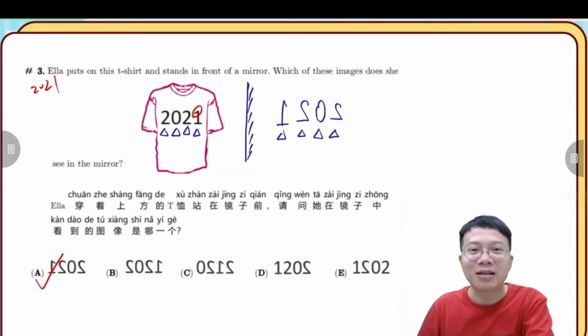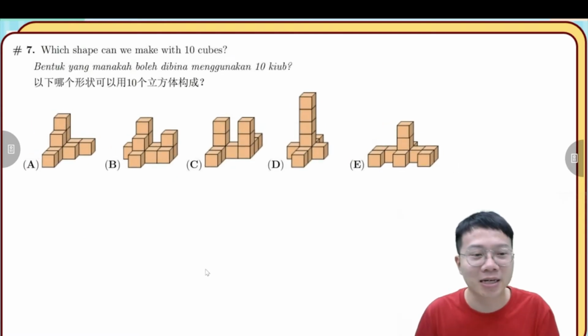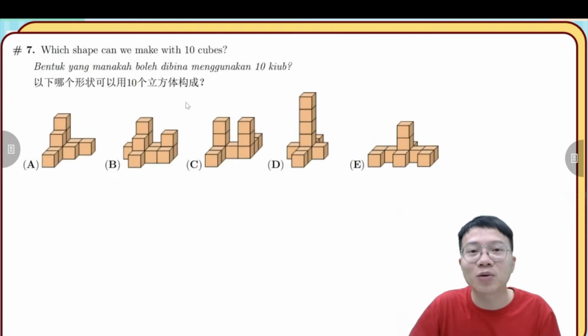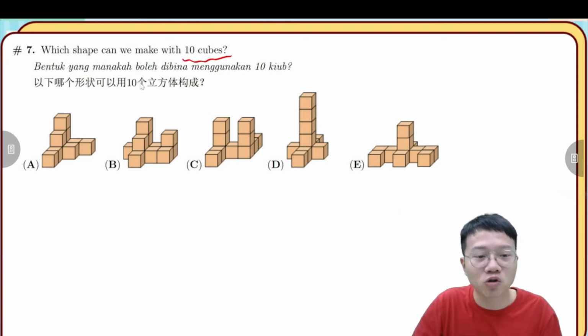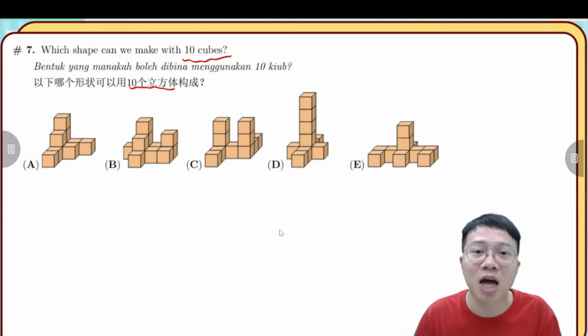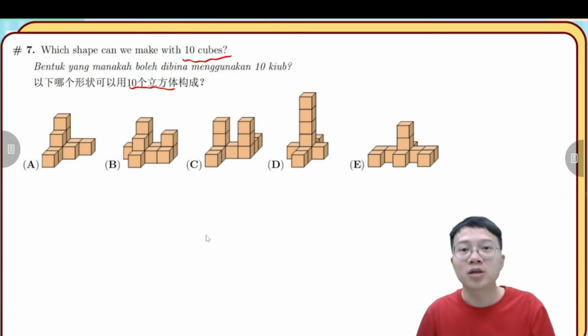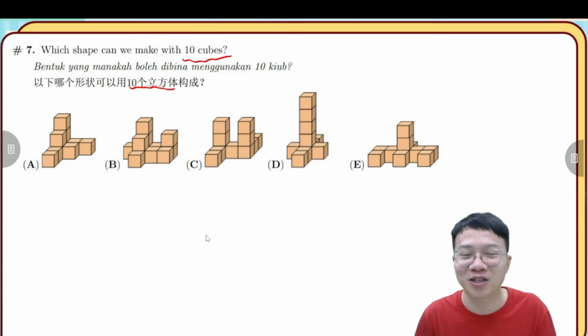So now let's move on to today's exercise. This is the first exercise. Which shape can we make with 10 cubes? 哪个形状是可以用10个立方体构成的？So in other words, we need to find out the number of cubes in each shape, right? 要数方块的数量。So here, how are you going to solve this problem?